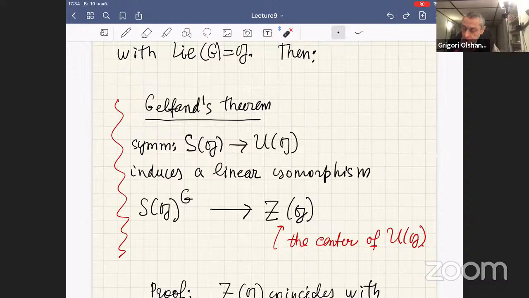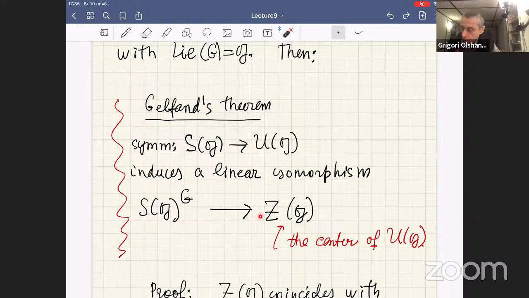But because the group G is connected, the G invariants in the universal enveloping algebra are the same as the center of this non-commutative algebra. And the center is just the object we are interested in.